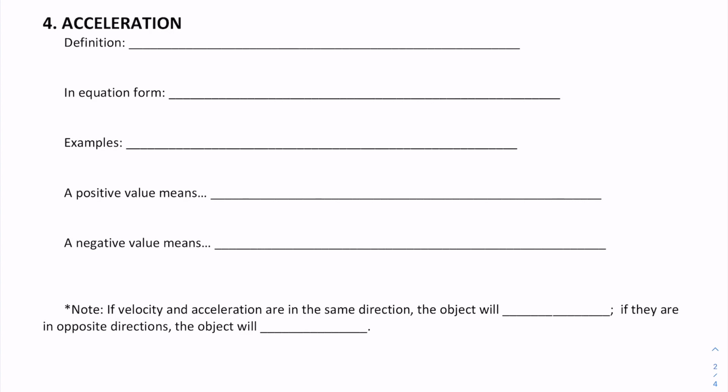And as long as your direction is changing, you would be accelerating. So here's the definition: a change in velocity over time. In other words, the rate of change of velocity.